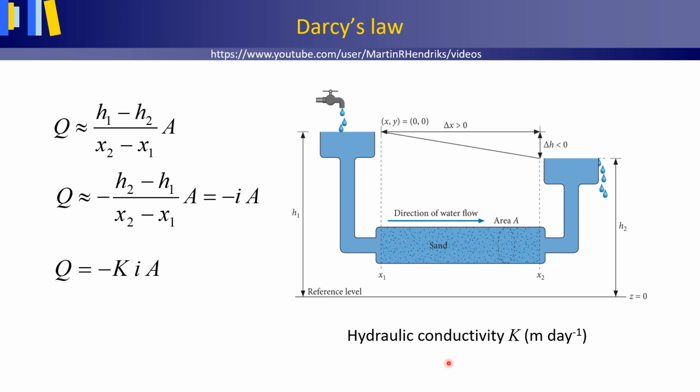The volume flux or discharge, large Q, equals minus K times I times A. However, if you look in literature, you usually find Darcy's law expressed as small q equals minus K times your hydraulic gradient I. Instead of using small I, the hydraulic gradient for horizontal groundwater flow in literature is also given as delta H over delta X, or sometimes as the differential dH dx.